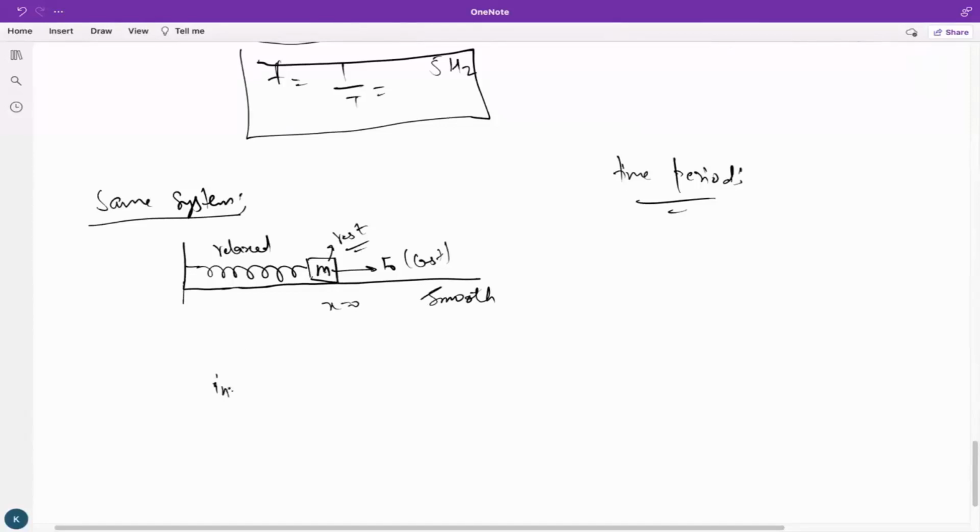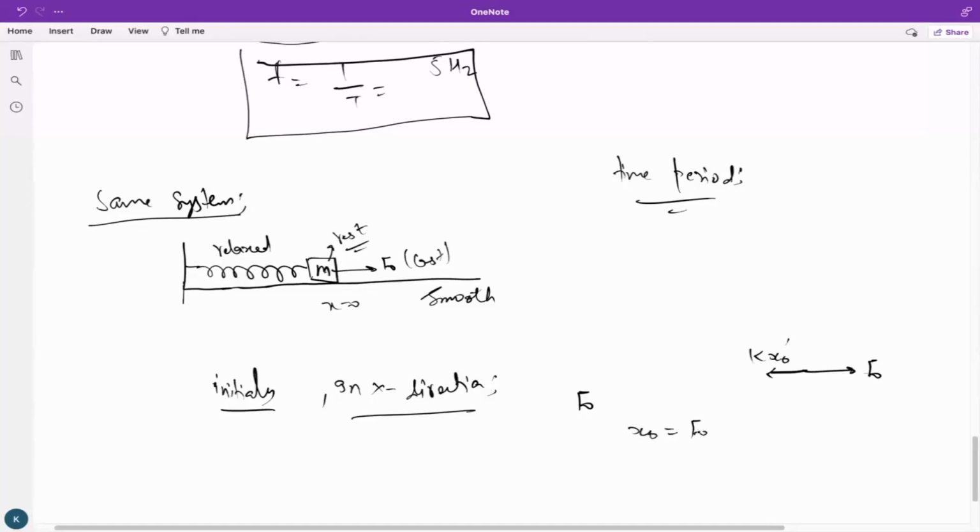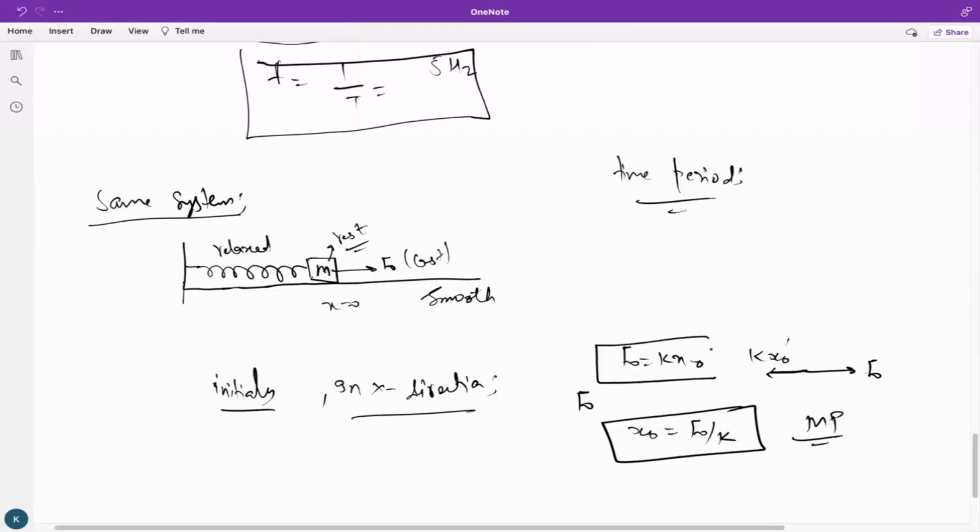So initially, in the x direction, we have a force F naught in this direction and kx naught in the other direction. The mean position will be equal to F naught by k. That means F naught is equal to kx naught.